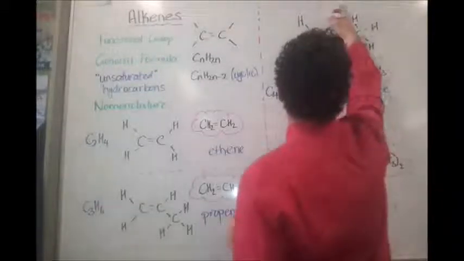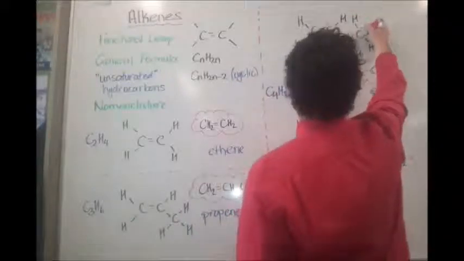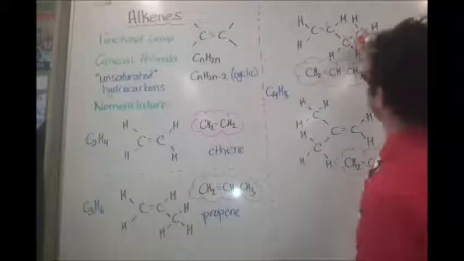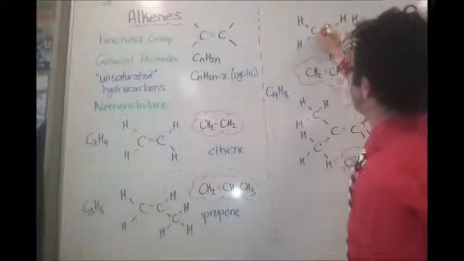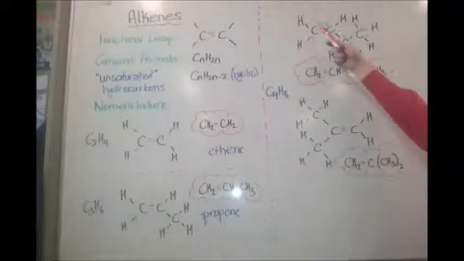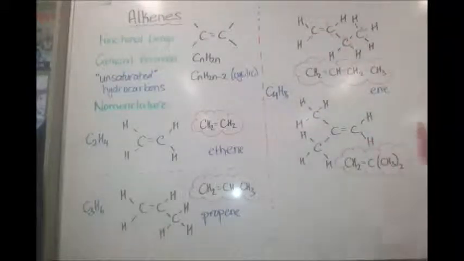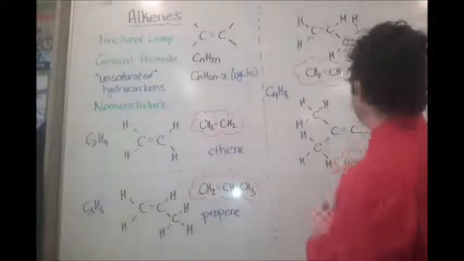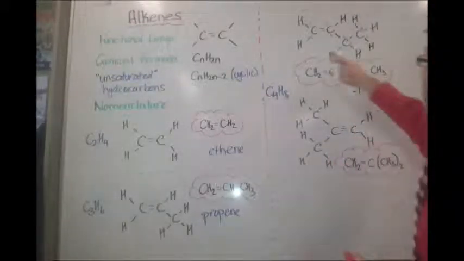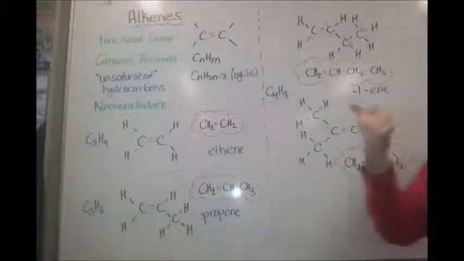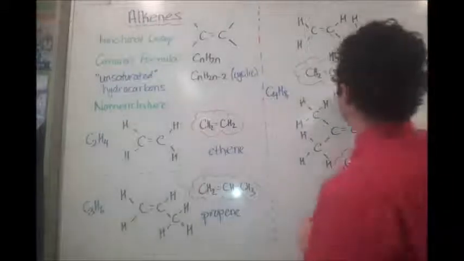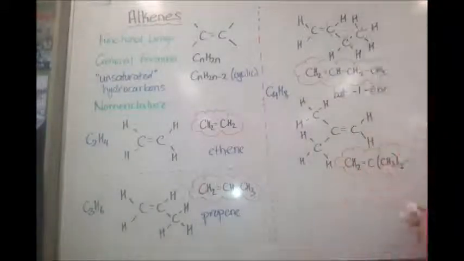Okay, so we go 1, 2, 3, 4 this way, and we number it backwards as well. What we need to do is find the lowest number that has got the alkene on it, and that is number 1. So we're going to put a 1 before the ene. That says where that functional group is. And then we're going to count, yep, there are 4, so meth, eth, prop, but, so it's but-1-ene.